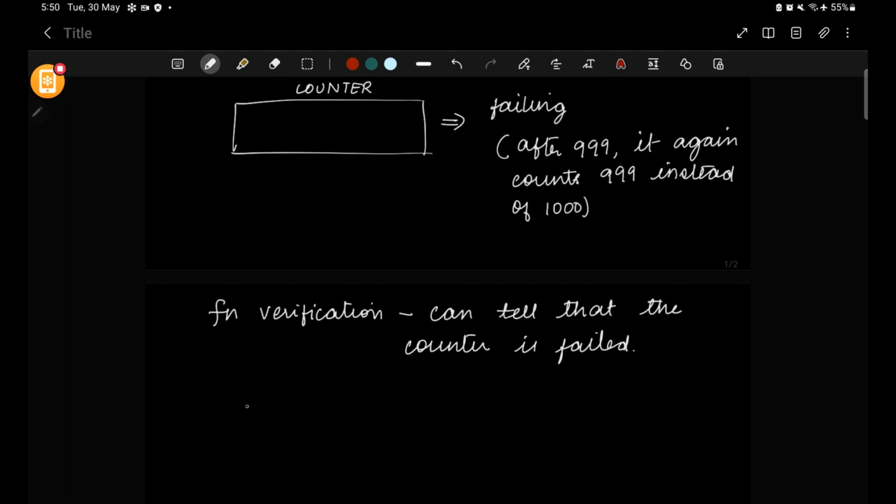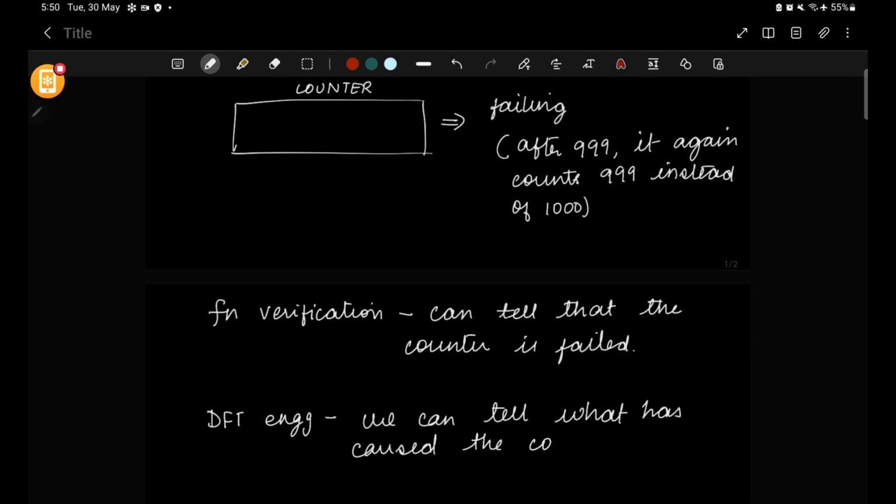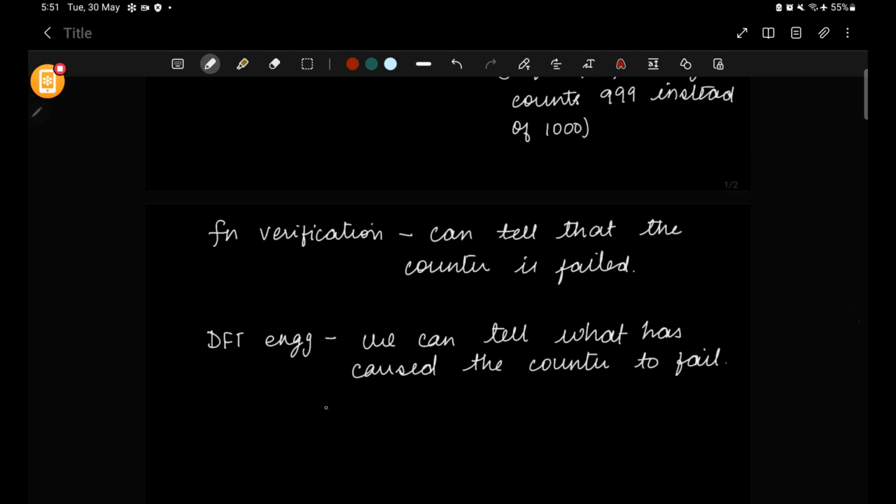Whereas a DFT engineer can tell what has caused the counter to fail. The counter can fail because, for example, the MSB net is stuck at 0, which is why it is not changing to 1.